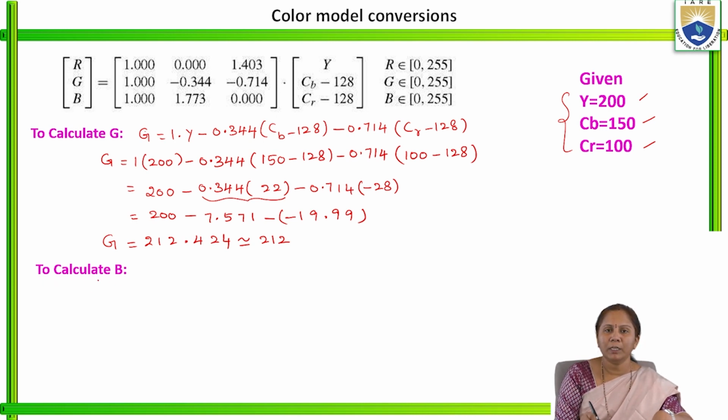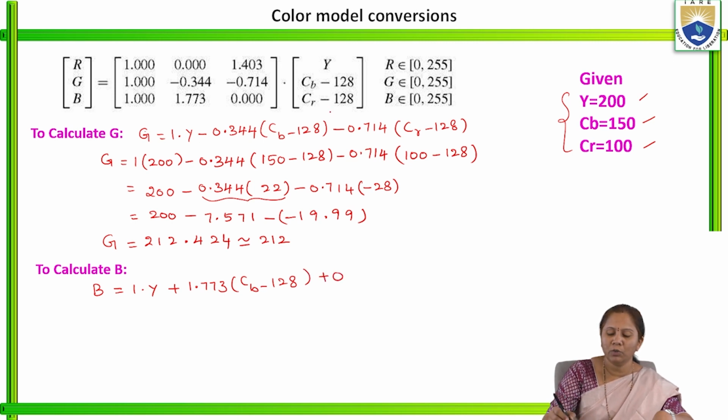Next, the last value is finding the value of B. To find B, from this matrix, we can write the equation B is equal to 1 into Y plus 1.773 into CB minus 128 plus 0 multiplied with CR minus 128, which will be 0.